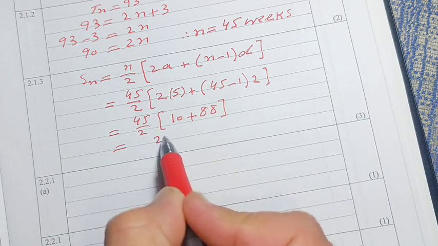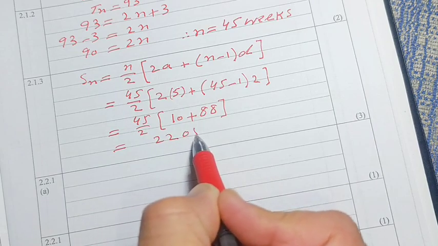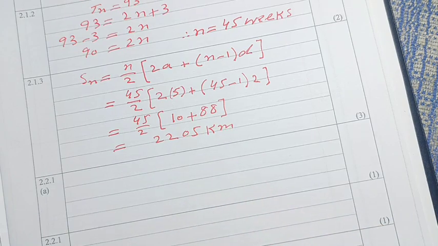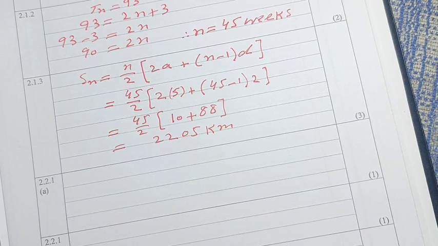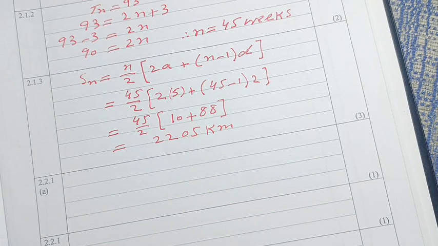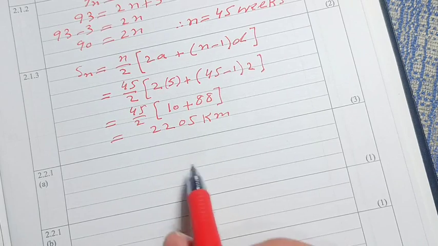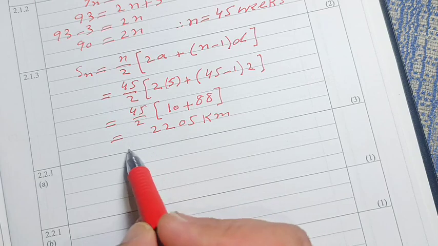The answer is going to be 2205 kilometers. But now we need to find the total amount, because they pay 10 rand for each kilometer. So this is 2205 kilometers total. So now we're going to multiply to find the total amount.